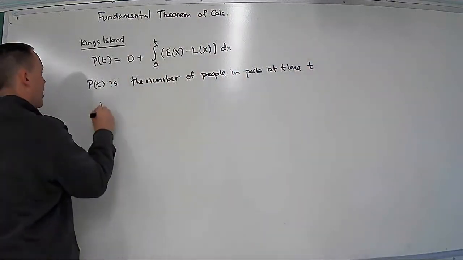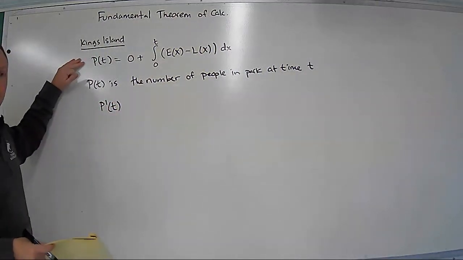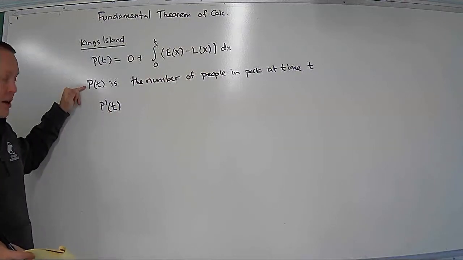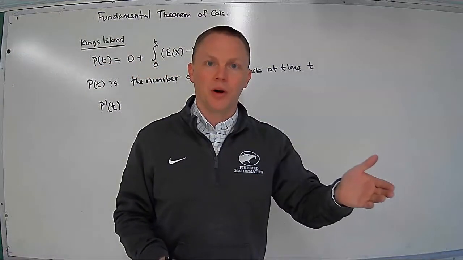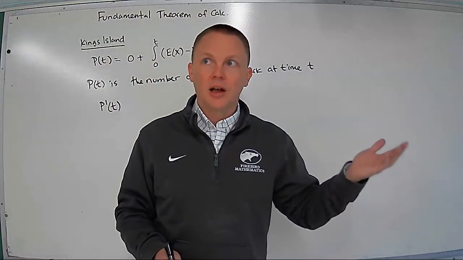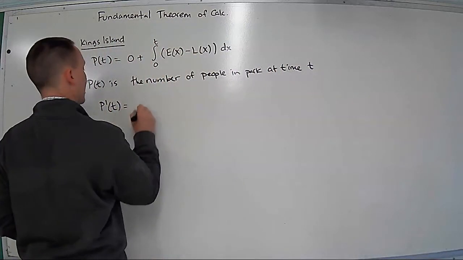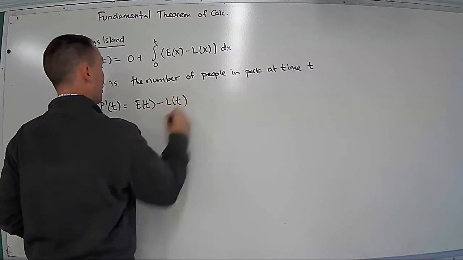What's the derivative of this function right here? Well, if that function represents the number of people in the park at any time t, the derivative would represent the rate of change of people in the park at any time t. And we know that. We were given that. The rate of change is the rate that they're entering minus the rate that they're leaving.